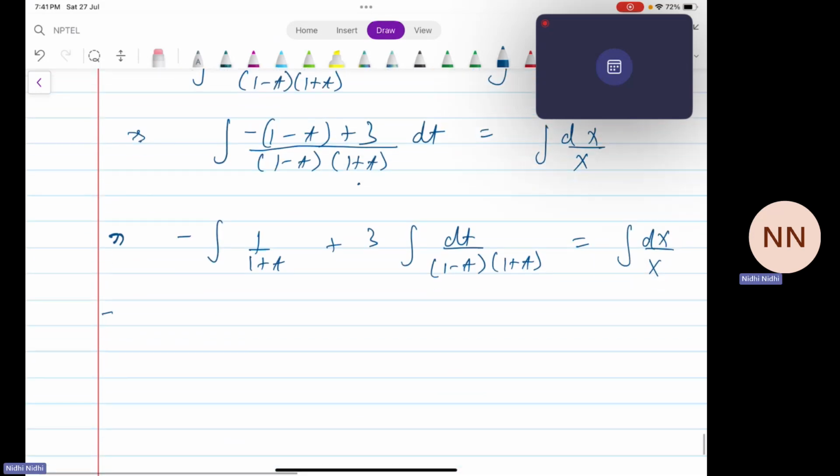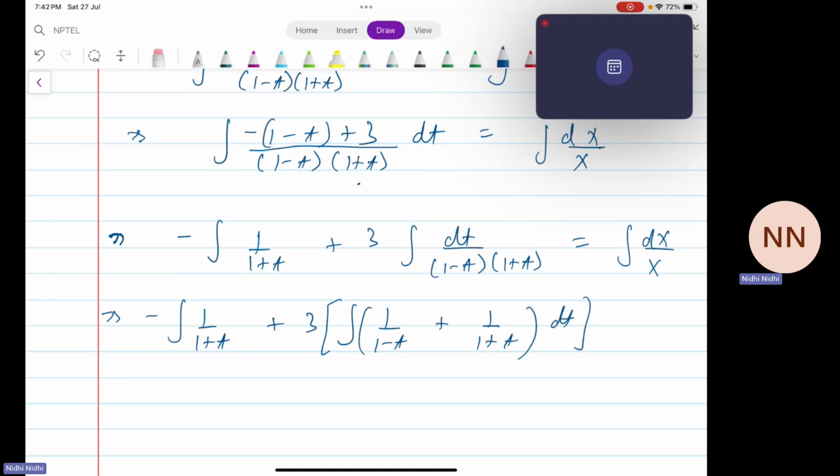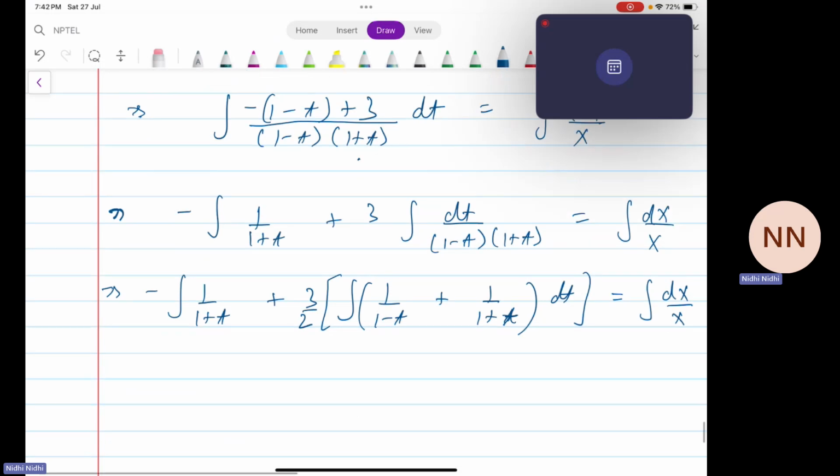This gives us minus 1 upon 1 plus t plus 3 integral of 1 upon (1 minus t) plus 1 upon (1 plus t). This would give us a 2 in the numerator, so we'll divide it by 2, which is equal to integration dx by x.